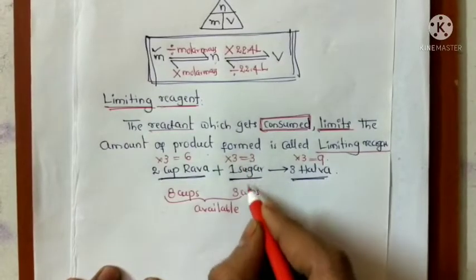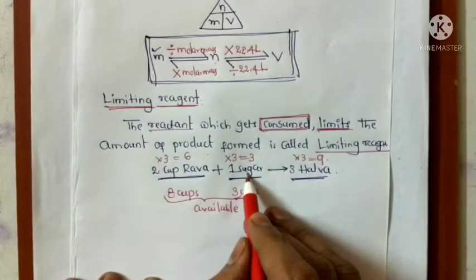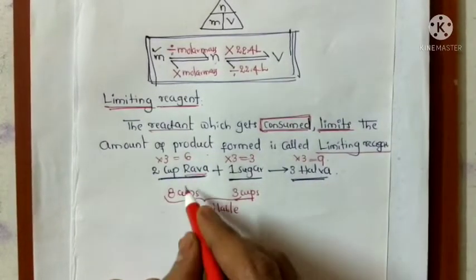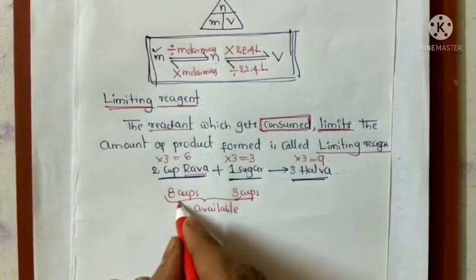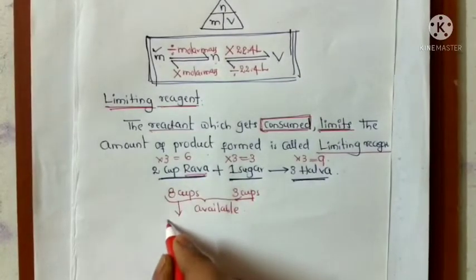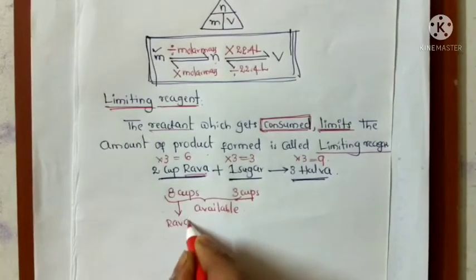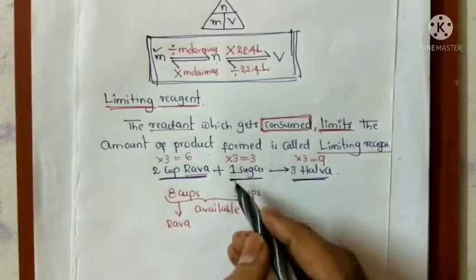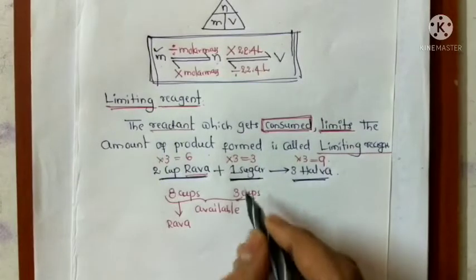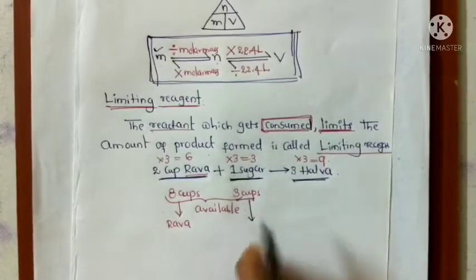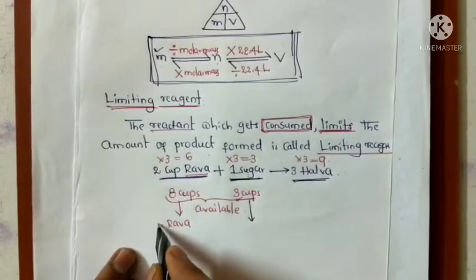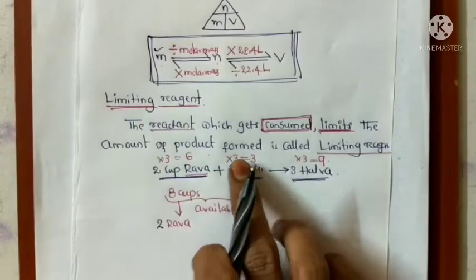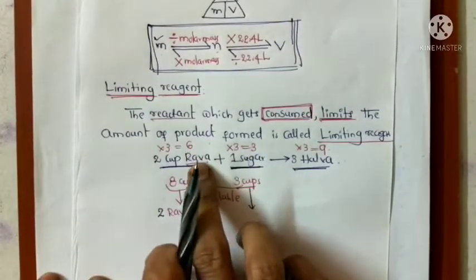Okay, so here 3 cups of sugar reacted with only 6 cups of rava to make 9 cups of halwa. So 8 minus 6 means 2 cups of rava is remaining. Which one is completely consumed? The 3 cups of sugar is completely consumed, and 2 cups of rava will be left, because 3 cups of sugar requires only 6 cups of rava.